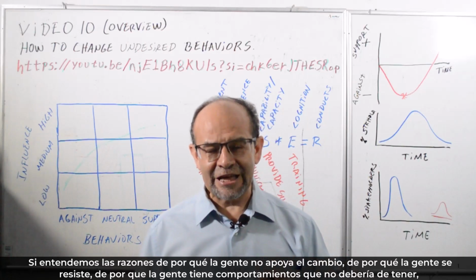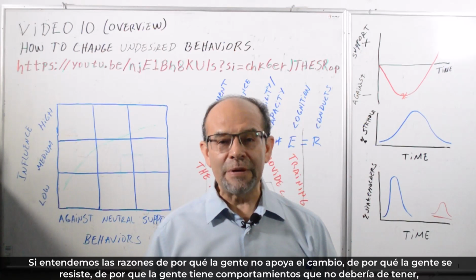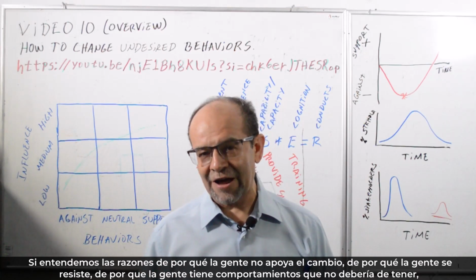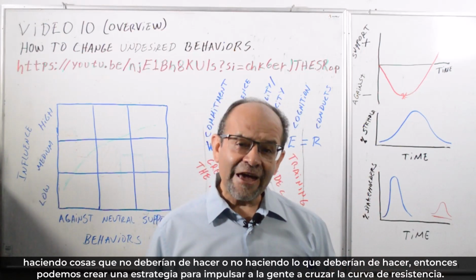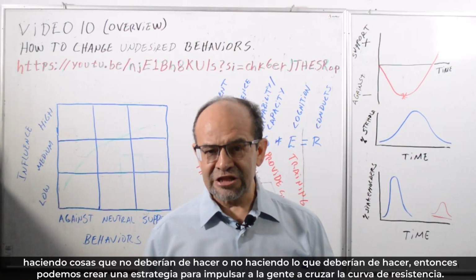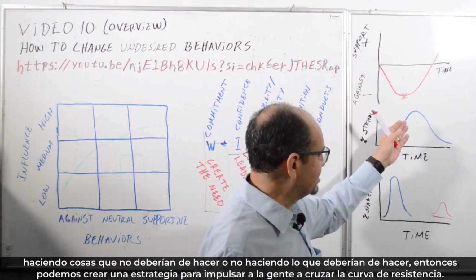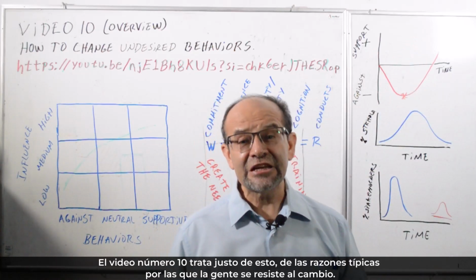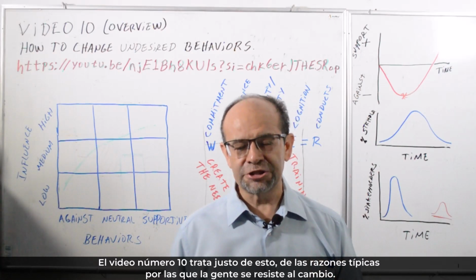If we understand the reasons of why people do not support the change, why people are resisting, why people are having behaviors that they shouldn't have, doing things that shouldn't do, or not doing things that should do, then we can create a strategy to make them move forward, to cross the resistance to change curve. And this video number 10 is about that, the reasons of why people usually resist to change.